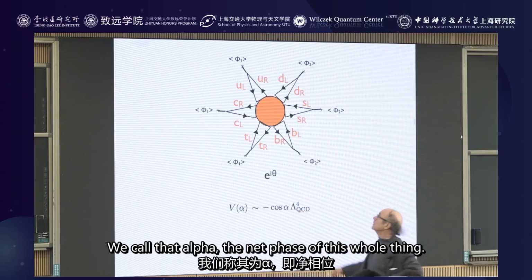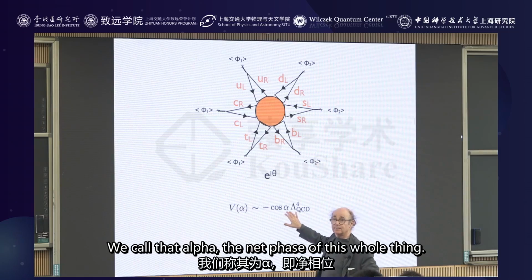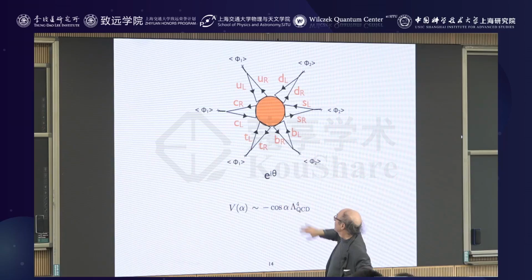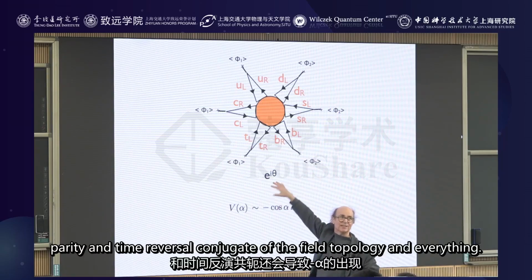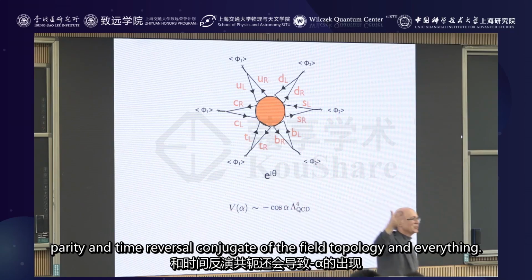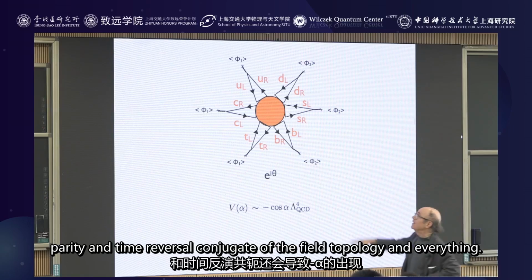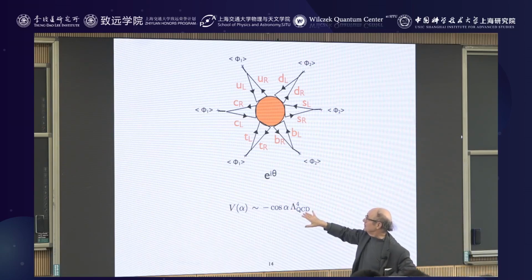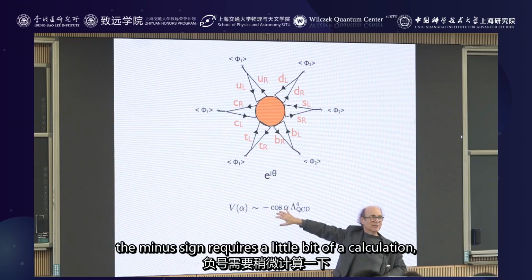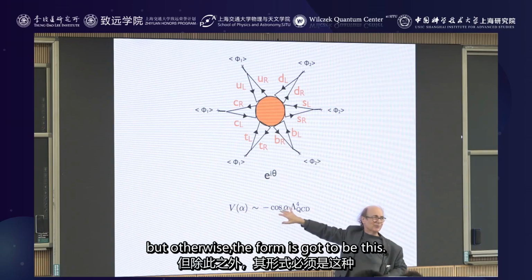So we call that alpha, the net phase of this whole thing. It's cosine alpha because we also have the anti version of this, the parity and time reversal conjugate of the field topology and everything. So that's minus cosine alpha. The minus sign requires a little bit of a calculation, but otherwise the form has got to be this.